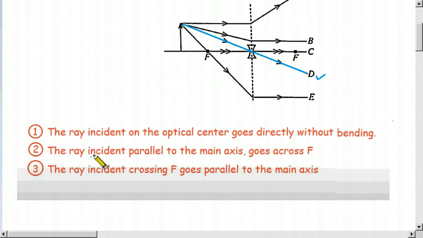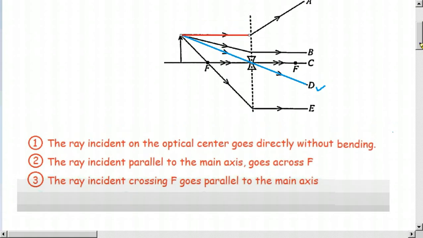Then the second rule is: the ray incident parallel to the main axis goes across F. The main axis is this one. This ray, coming from the top of the object, is parallel to the main axis. So after the lens, how should it go?